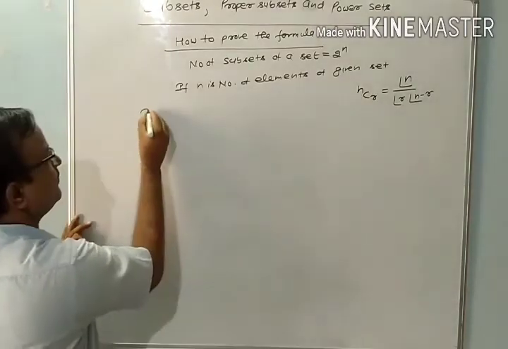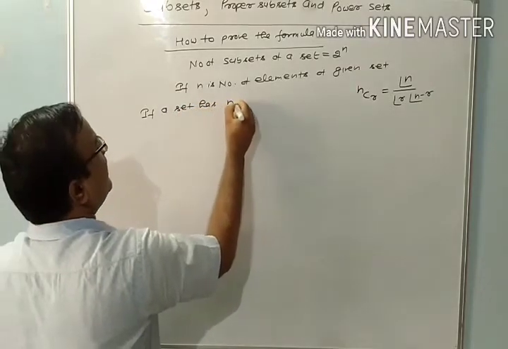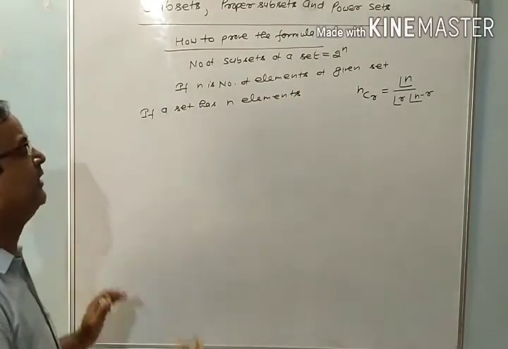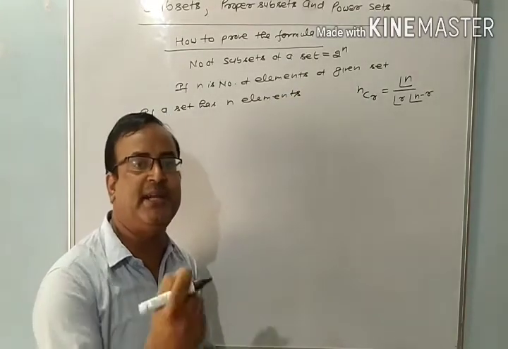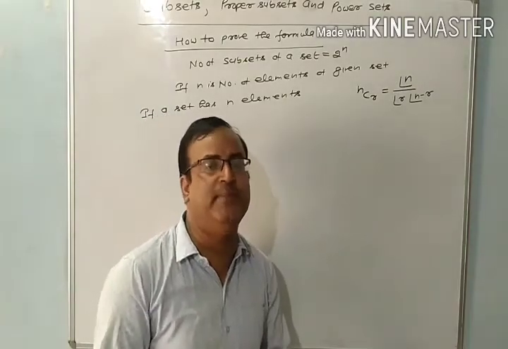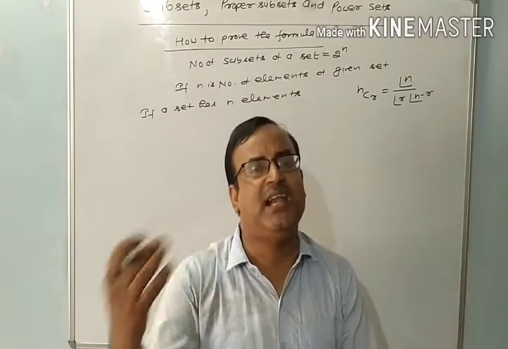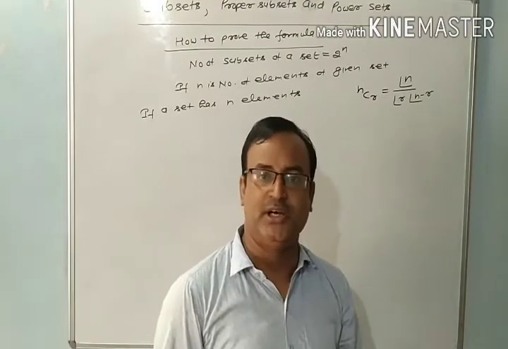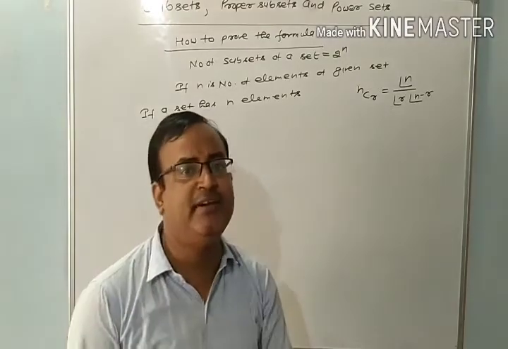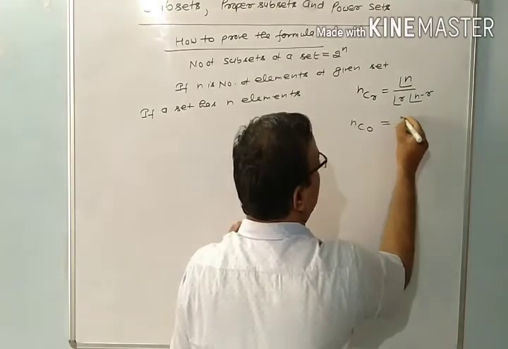So if a set has n elements, how can we make the number of subsets? By taking 0 elements, by taking 1 element, by taking 2 elements, by taking 3 elements, and at last we will select all the elements. Clear? When we select 0 elements, then we will get only one set. That means if the value of r is 0, then it is only 1.